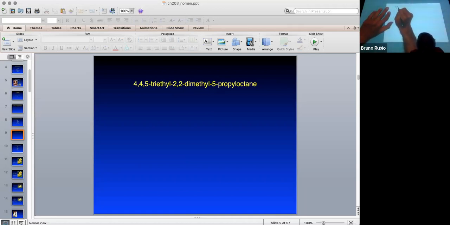4,4,5. Oh, that's a replicating prefix. 4,4,5-triethyl-2,2-dimethyl-5-propyloctane.